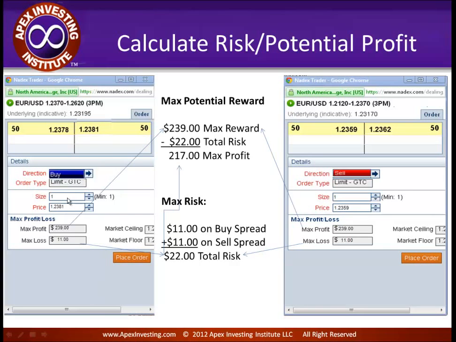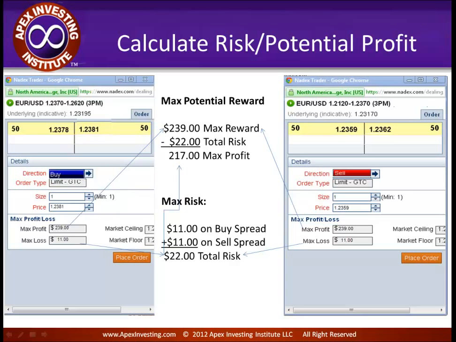And then now to calculate a reward, again, the tickets will do it automatically for you, or there are tools out there that will do it automatically for you. The maximum reward on either one of the spreads is $239. But remember, we're combining both of them together. So since the maximum reward is $239, because it's a $250 wide spread, and we could lose 11 bucks, so 250 minus 239 equals 11, then $239 would be the maximum reward minus our total risk from both spreads, being $22.